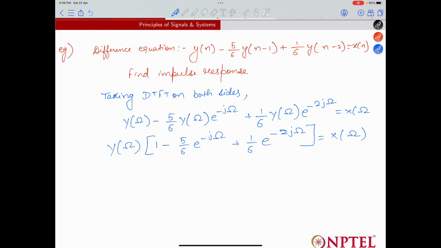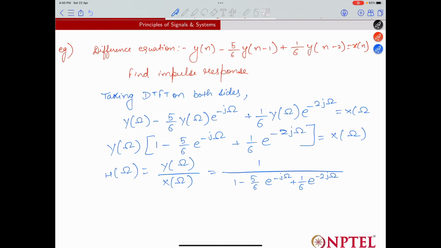Now we know that H of omega is equal to Y of omega divided by X of omega. So we take this term from the left hand side to the right hand side, and that will become 1 by 1 minus 5/6 e to the power of minus j omega plus 1/6 e to the power of minus 2j omega.